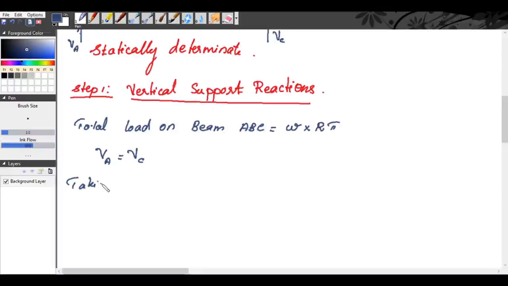So taking the moments to the left of B, sigma MB is equal to 0.